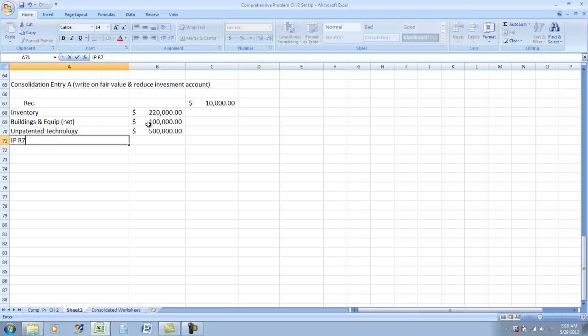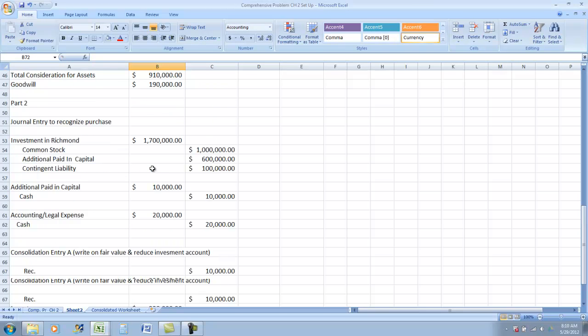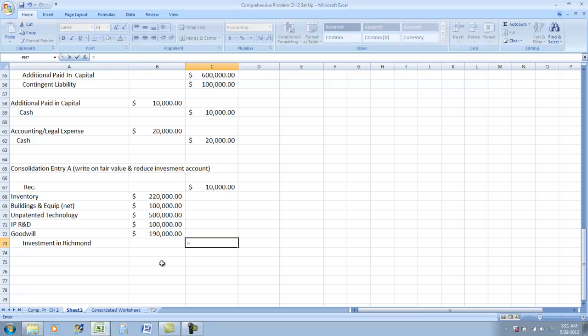In process R&D was 100. And we also need to put in here goodwill. And our goodwill was 190. Minus.